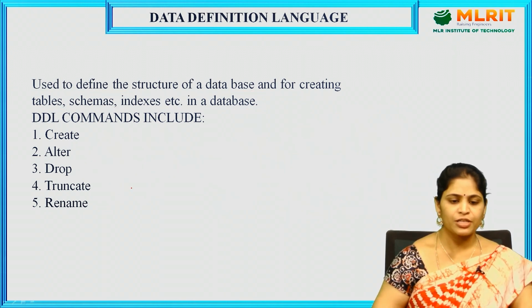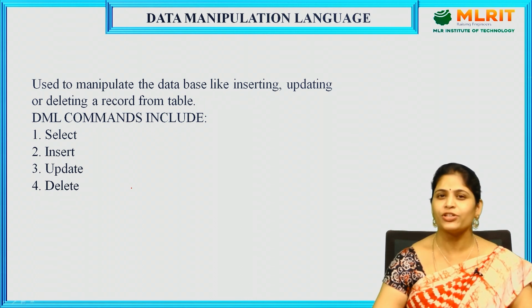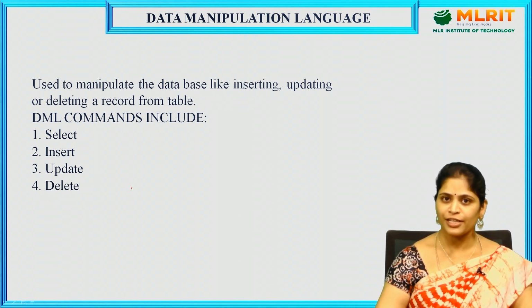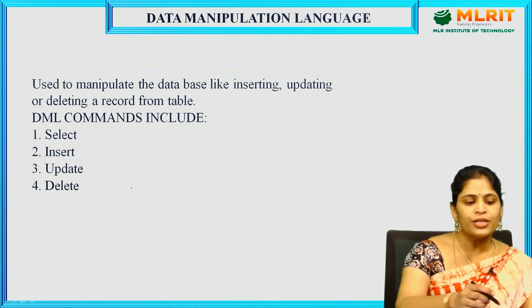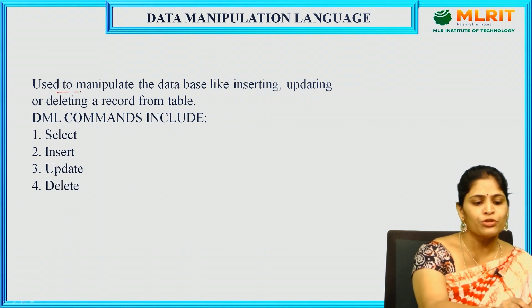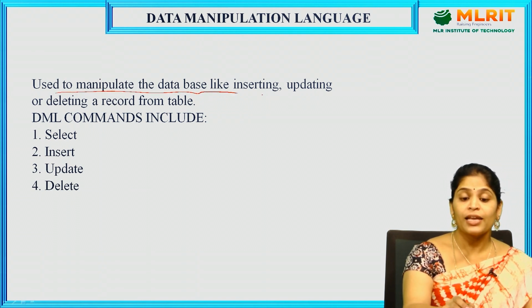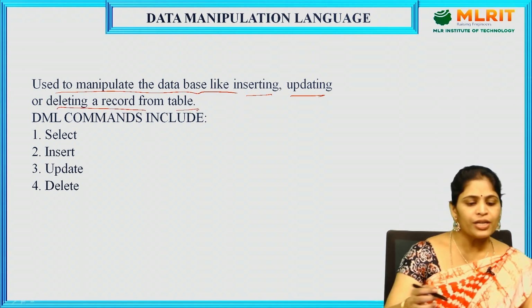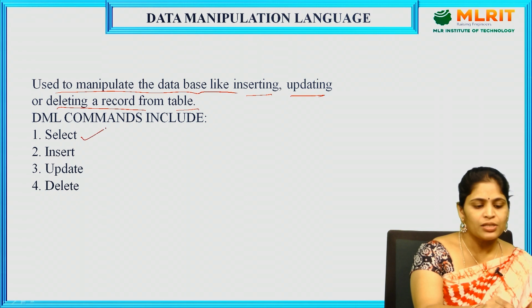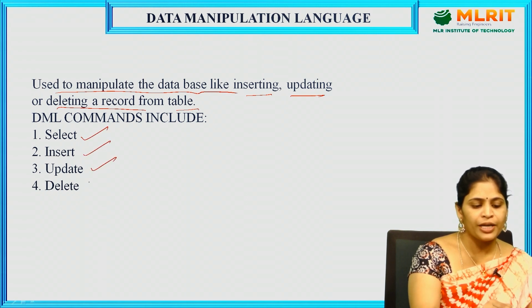Now let us discuss DML, data manipulation language. Manipulation indicates that we are doing modifications or updates, right. So DML is used to manipulate the database, like inserting, updating or deleting a record from a table. DML commands include select, insert, update, and delete.